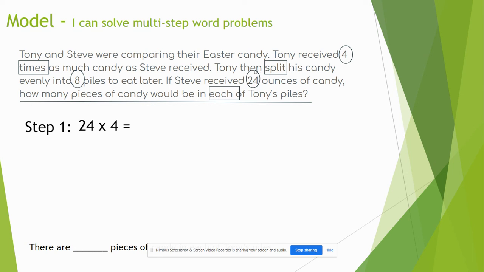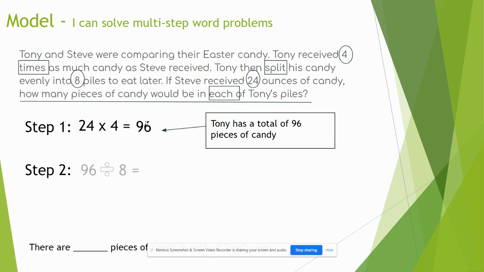Steve received 24 ounces of candy. Okay, so this is going to help me find how much Tony received. 24 times 4. So Tony received 96 ounces of candy. Okay, then I'm going to go back to that sentence that I skipped over. Tony then split his candy into 8 piles. So now I can take that 96 and split it evenly into 8 piles.